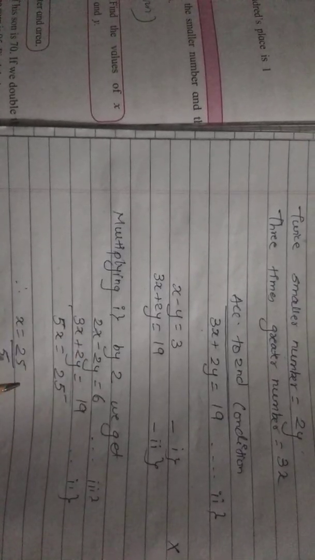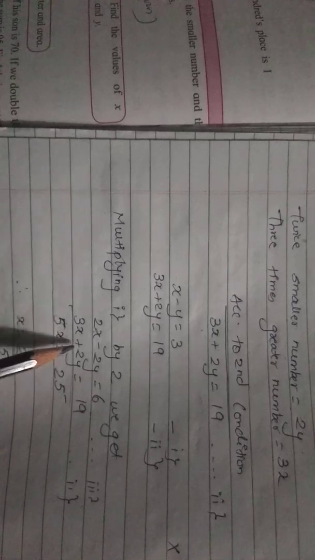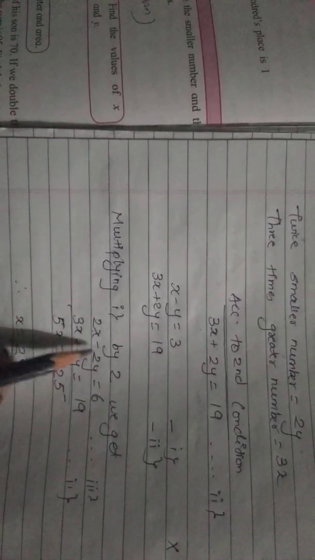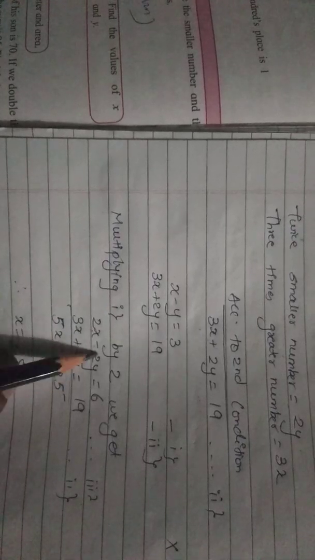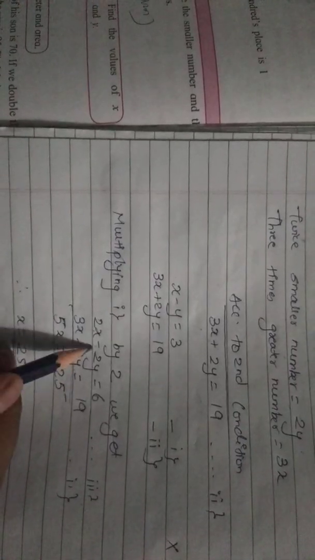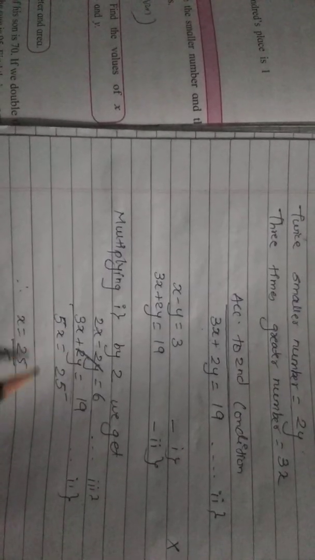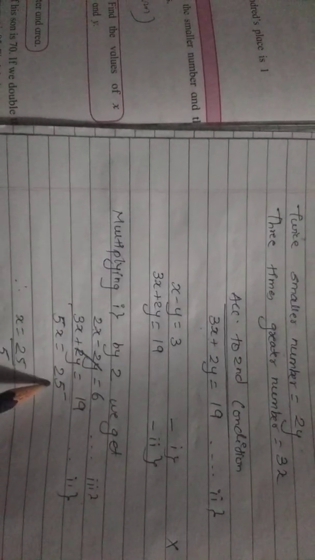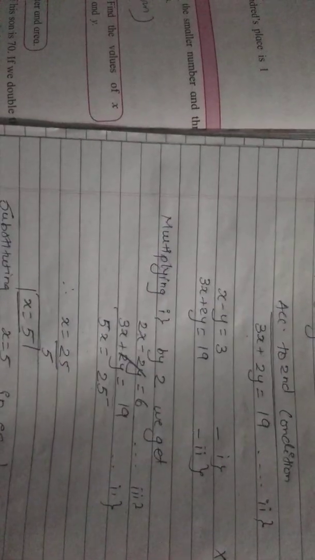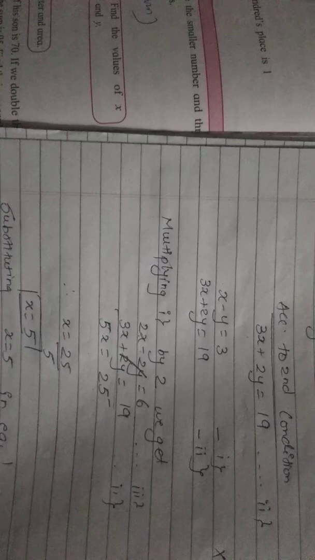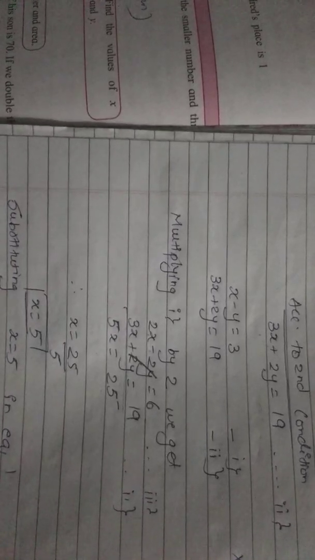And what is equation number 2? 3x plus 2y equals 19. So we can see the same pair but opposite sign. So this minus 2y and this plus 2y will get cancelled. So what is left is 5x equals 25. So x equals 25 upon 5. So x equals 5. So we have got the value of x.